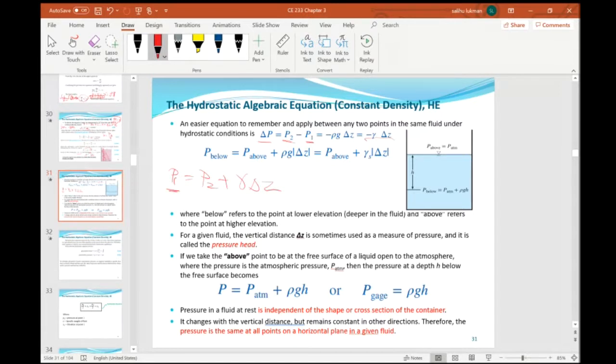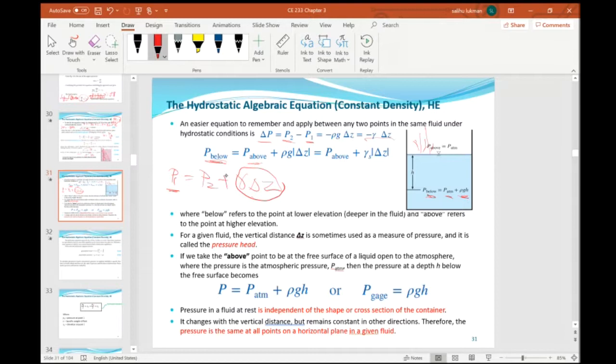Let's say at this point. So the pressure below is equal to the pressure above, which is like the atmospheric pressure, plus the height of the fluid column, in this case, the height of the water above. So the pressure below is equal to the atmospheric pressure plus rho g h, because this is just rho g h.